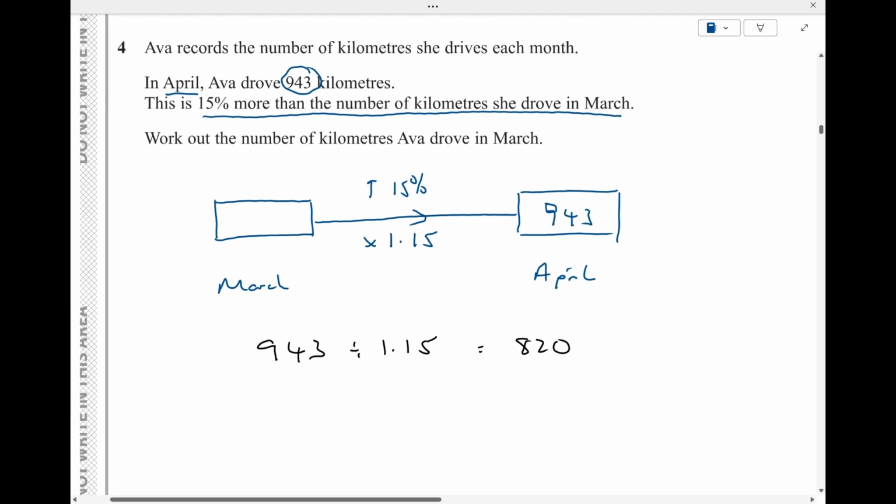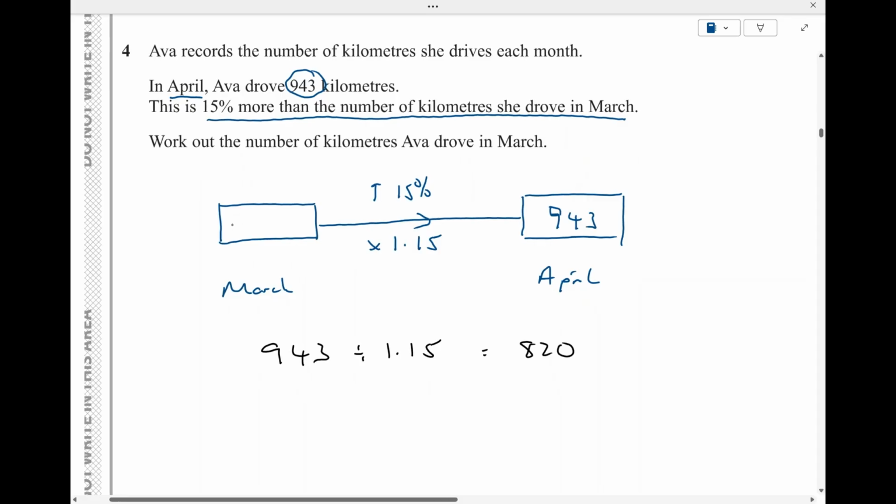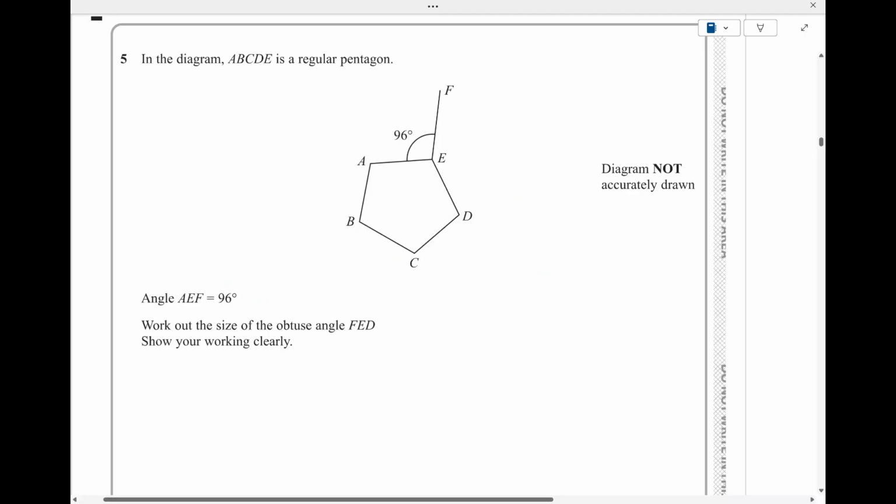And if you wanted to, you could do 820. Imagine that was in here. Increase it by 15%, and I suspect that you'll get 943.